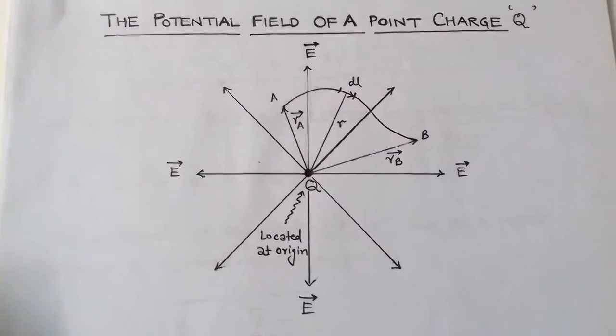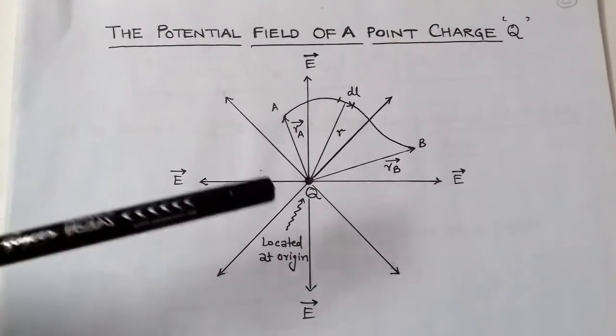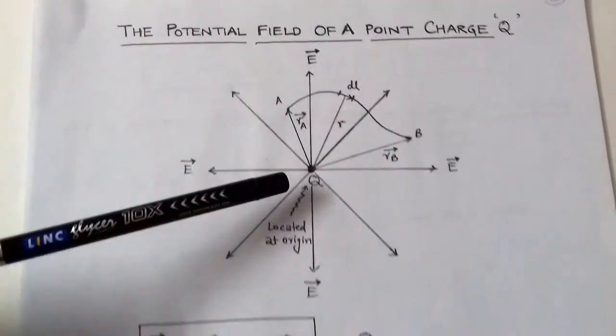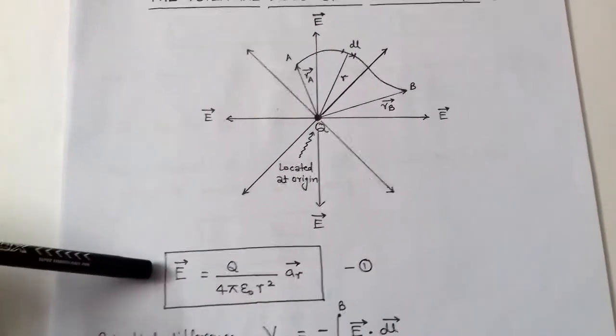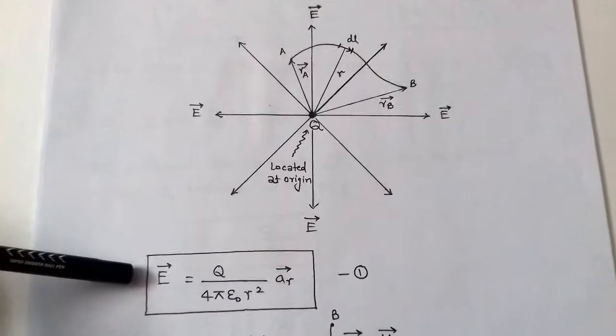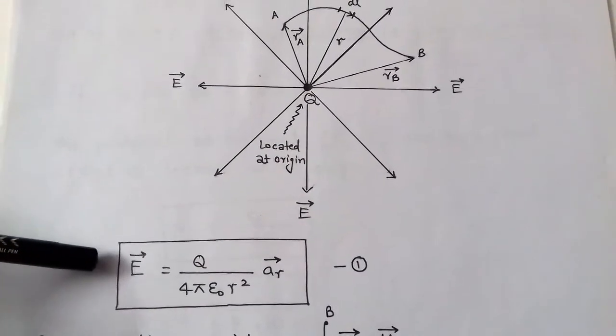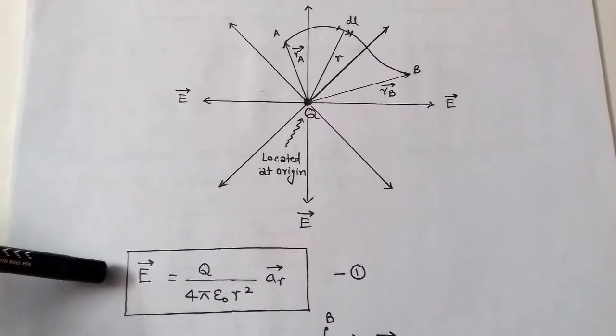And we know that the electric field due to a point charge is given as equation 1, that is E equals Q upon 4 pi epsilon naught r square in the direction of r.